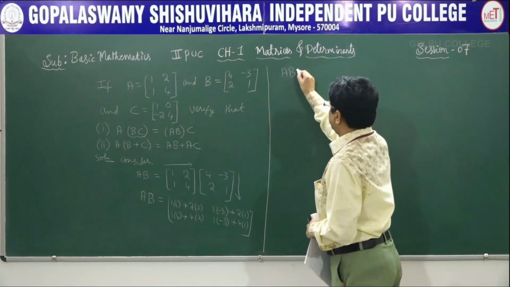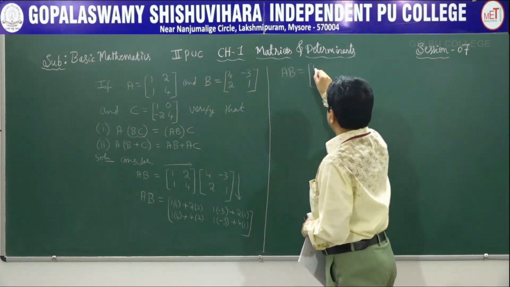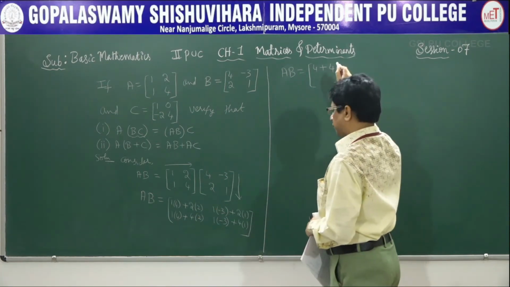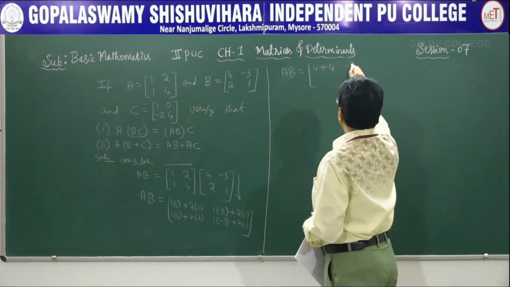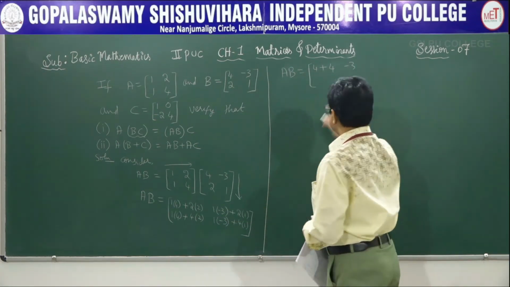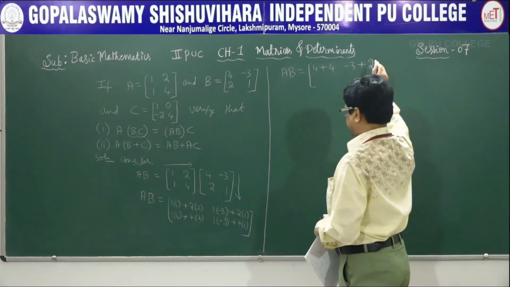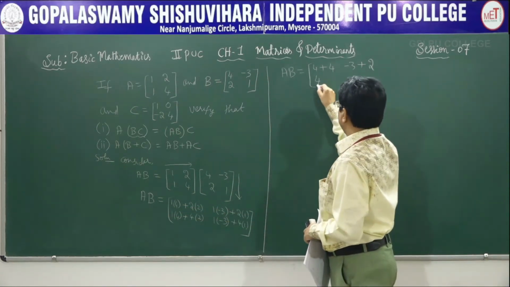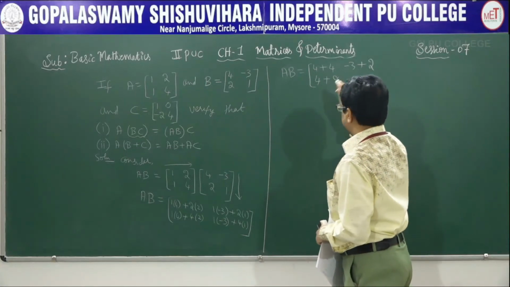So AB will be equal to 1 into 4, 4 plus 2 into 2, 4. 1 into minus 3 plus 2 into 1, 2. 1 into 4, 4 plus 4 into 2, 8.